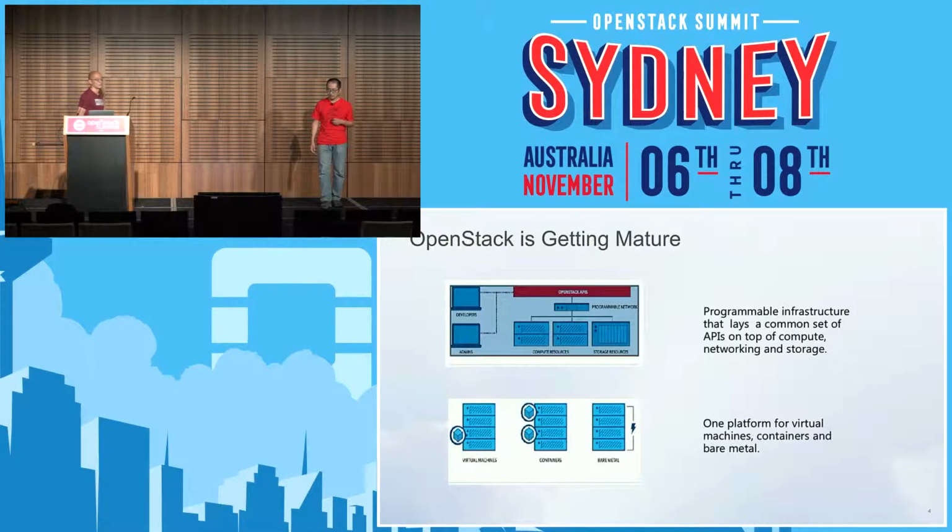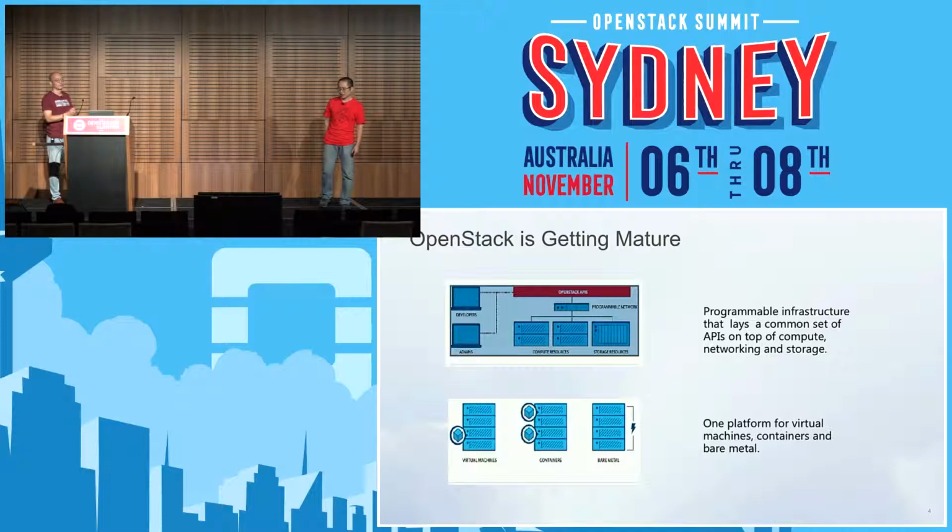Let's have a glance at the current OpenStack status. We all know OpenStack has become more and more mature during 7 years of development, and is now already considered a de facto standard for cloud as software in the industry.